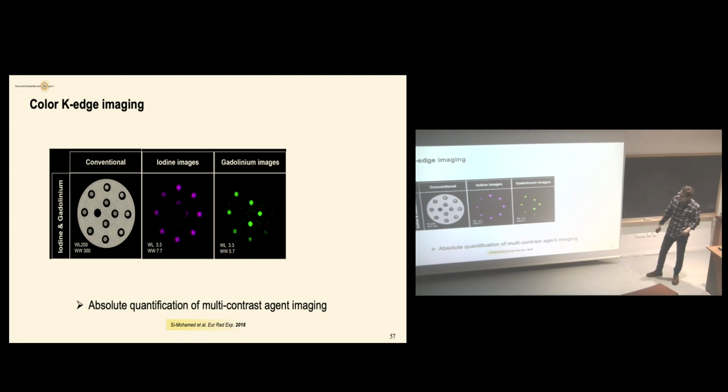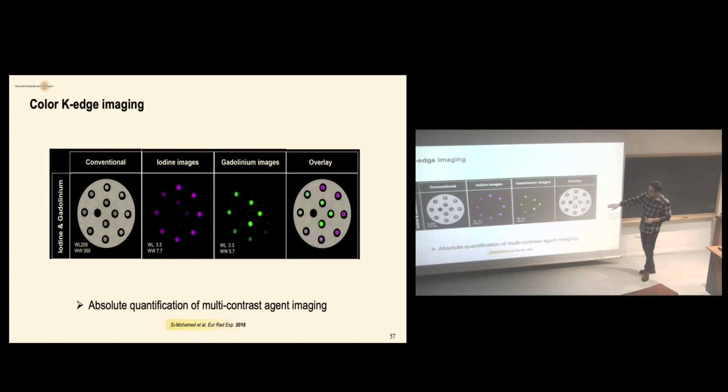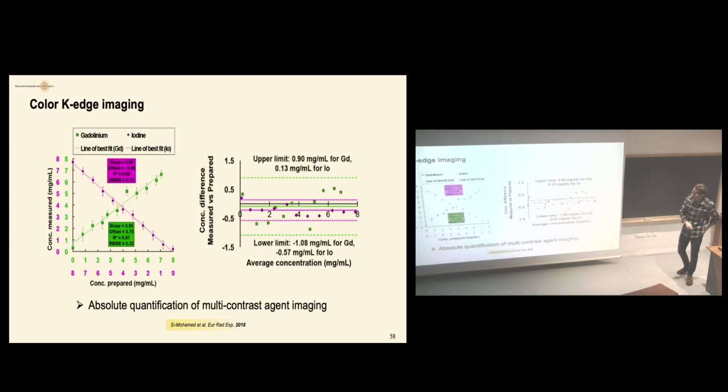So it's important because this could not have been performed using the energy integrated detectors, and at the end you will have more understanding of your images, i.e. with these overlays that show you the different change in concentration.